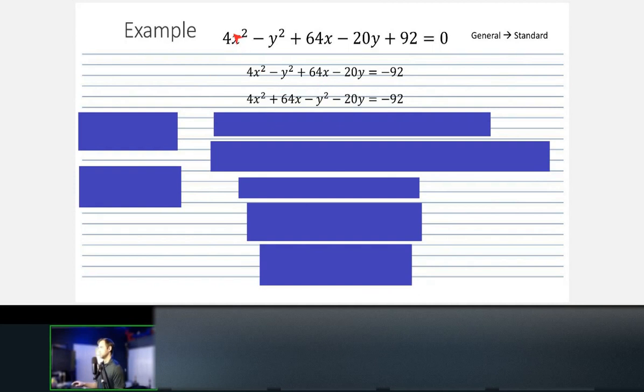If you notice, my x squared is positive, so the x stuff is grouped first, followed by my y stuff. Now, if that x squared was negative and this was positive, then I would have my y stuff first, then minus my x stuff, equals my constant. So does that make sense?